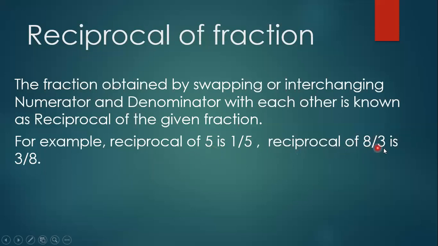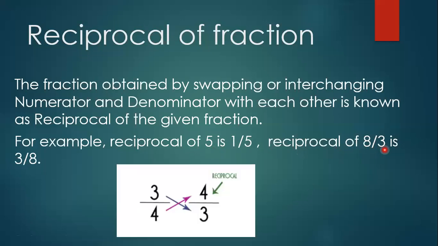Similarly 8 by 3, if we swap it, it will become 3 by 8. Is this clear, children? If there is a fraction 3 by 4, it will get converted into 4 by 3. So whenever you have to write the reciprocal of a fraction, you simply have to swap the numerator with the denominator.